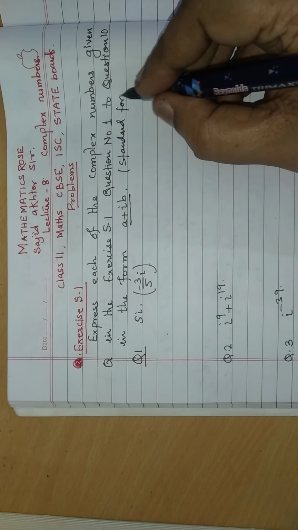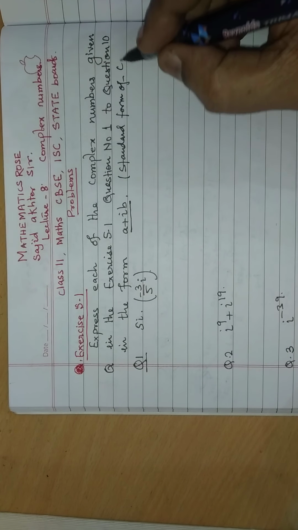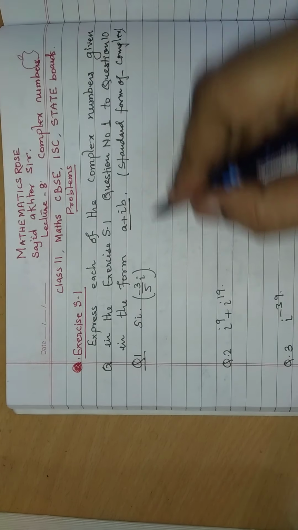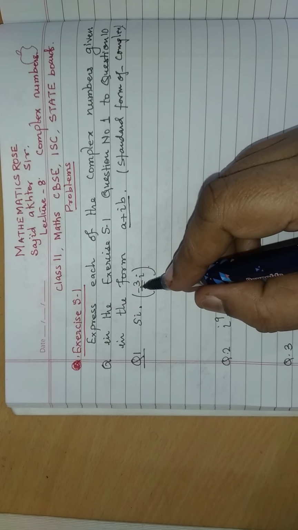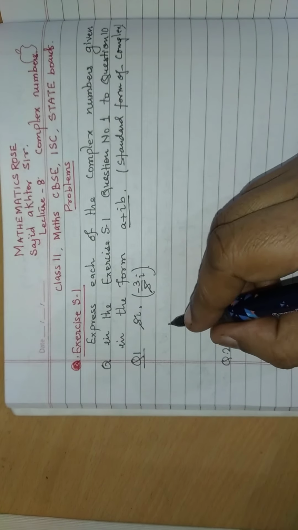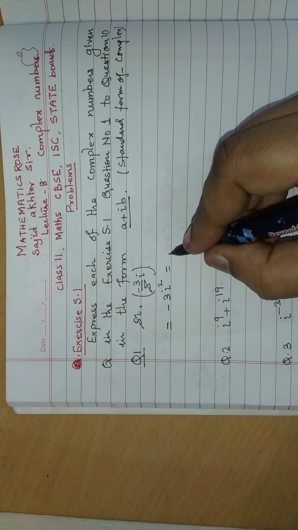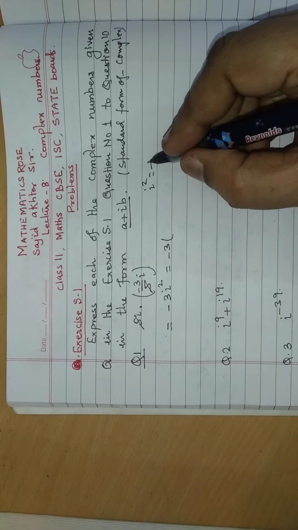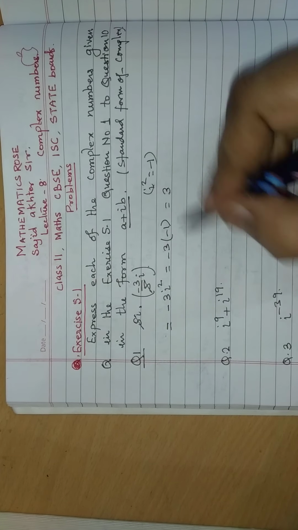of complex number. इसे स्टैंडर्ड फॉर्म में हमको लिखना है. The first question is 5i into minus 3 by 5i. So 5 will cancel, so here minus 3 into i square. It is minus 3 into, as iota square is equal to minus 1, everybody knows, so it is plus 3.